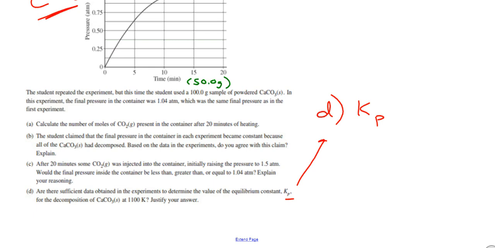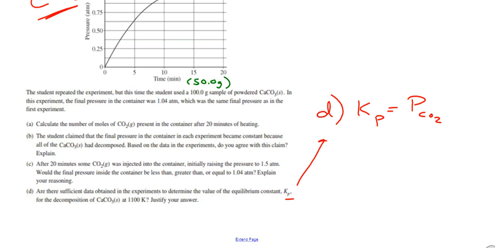What would my Kp expression equal? It would be CO2 on the top. Anything else? No, because we do have gases for pressures, right? If this was a reactant, it would look like that, right? So, if that's the case, do I have enough data?